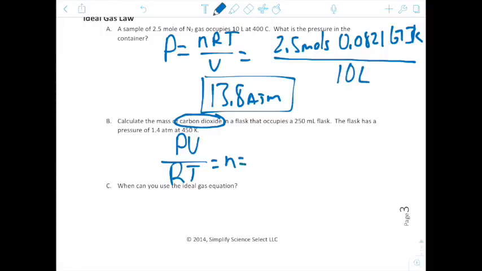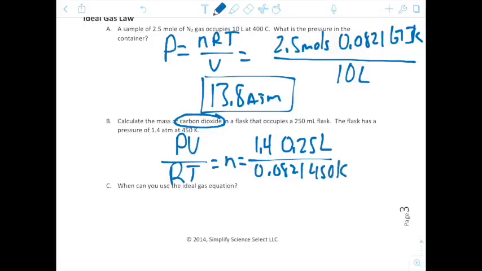So what we end up getting is a pressure of 1.4 times a volume of 0.25 liters. We have to convert that, divided by 0.0821 and a temperature of 450 Kelvin.